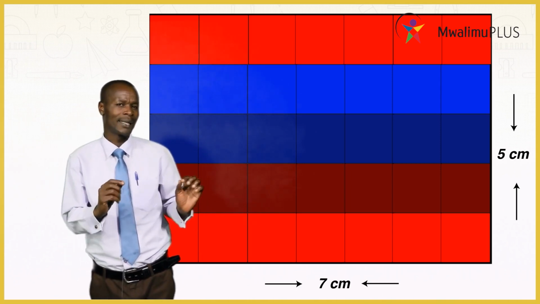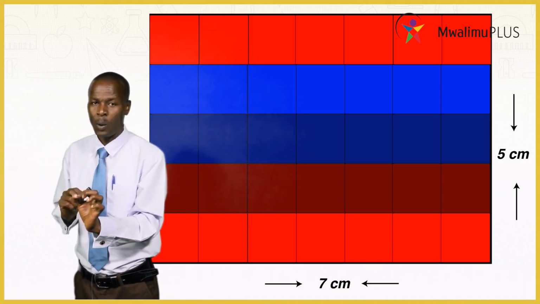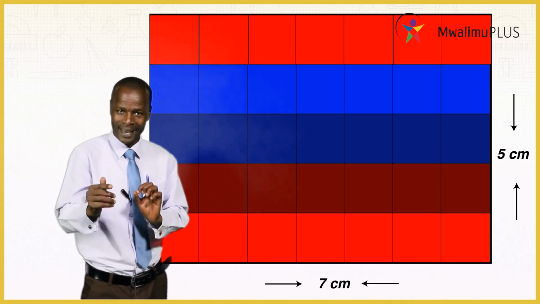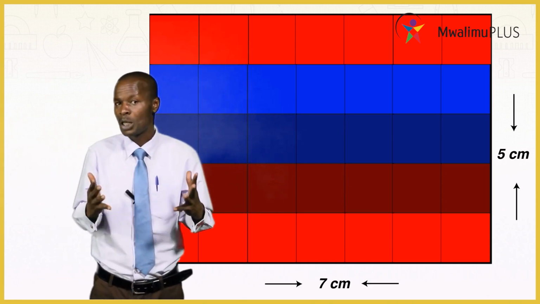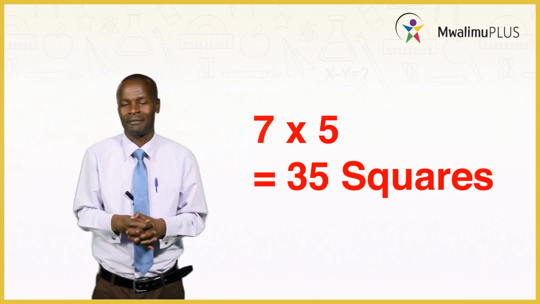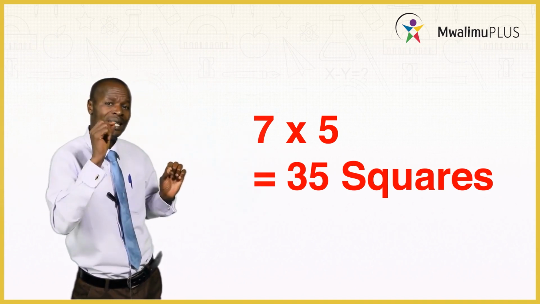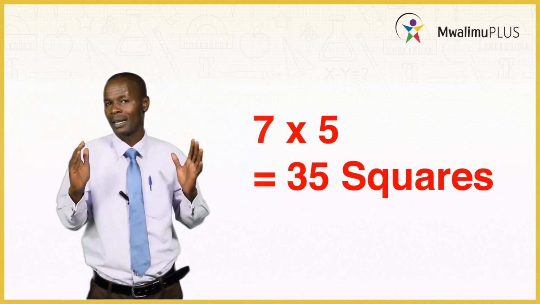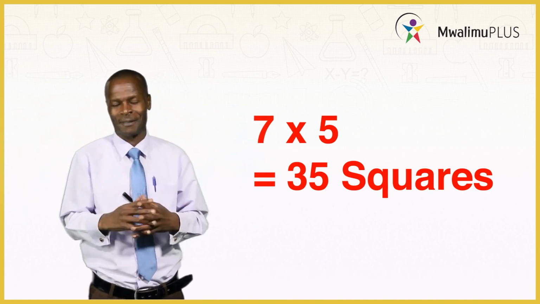One, I can take the unit squares on the length, which are 7, then along the what? The width, which are 5. Then I do simple multiplication of 7 by 5 to get 35. Number 2, you can simply count all of them individually, and you'll still find the same number has been used.